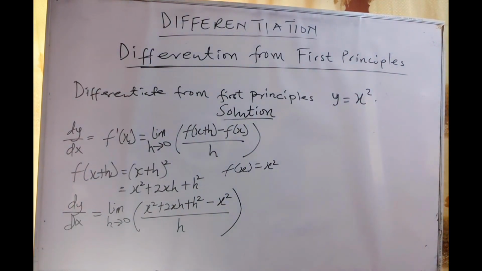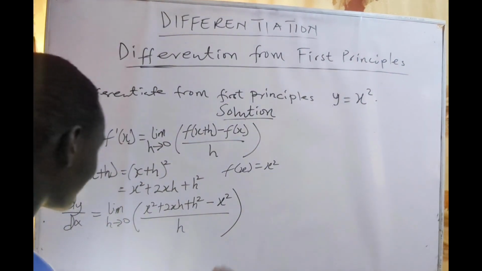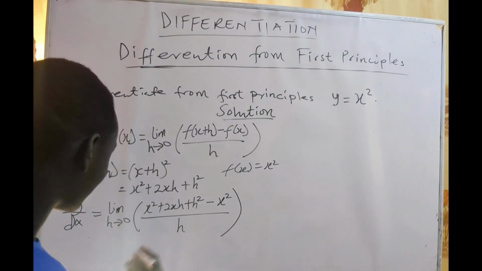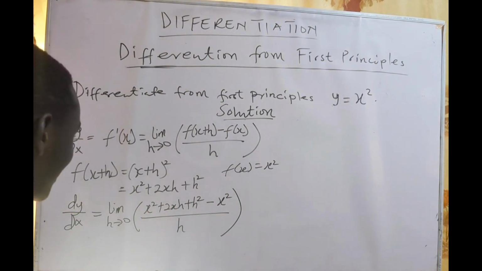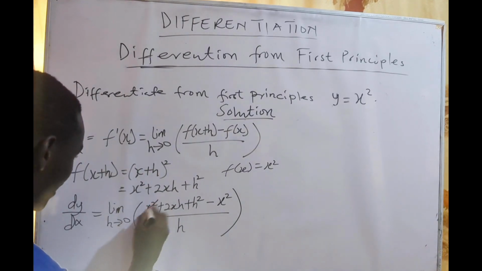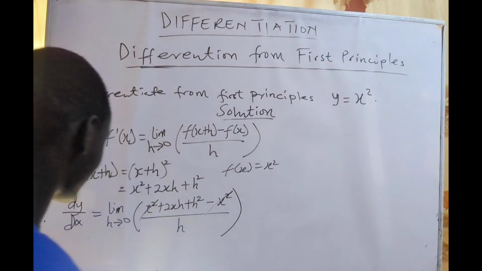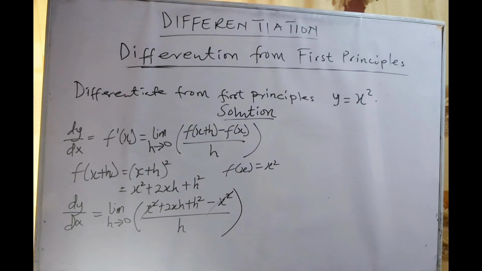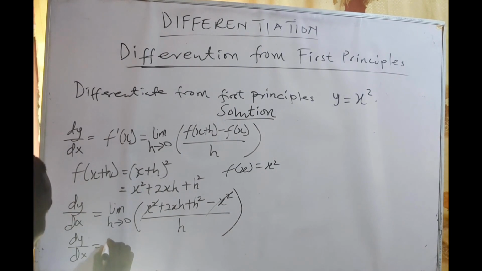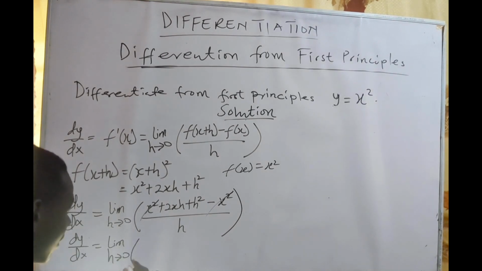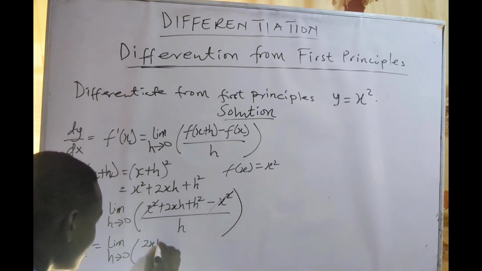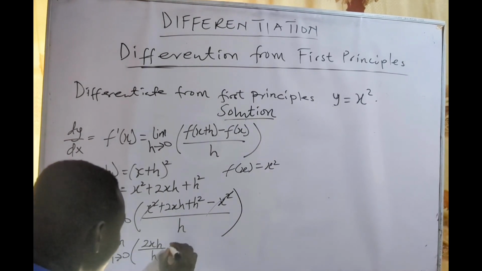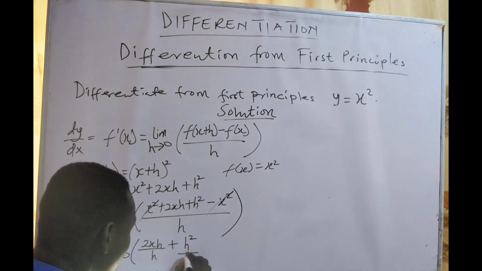Here we simplify this expression by cancelling x squared minus x squared, which will give us 0. So x squared minus x squared cancels itself. So now our dy dx is equal to the limit as h approaches 0 of 2xh over h plus h squared over h.